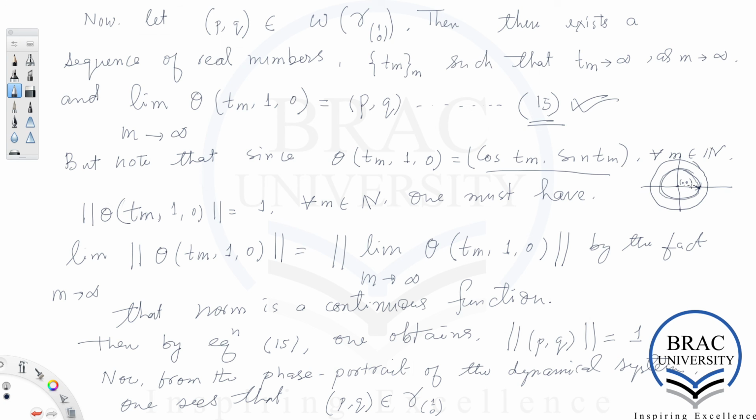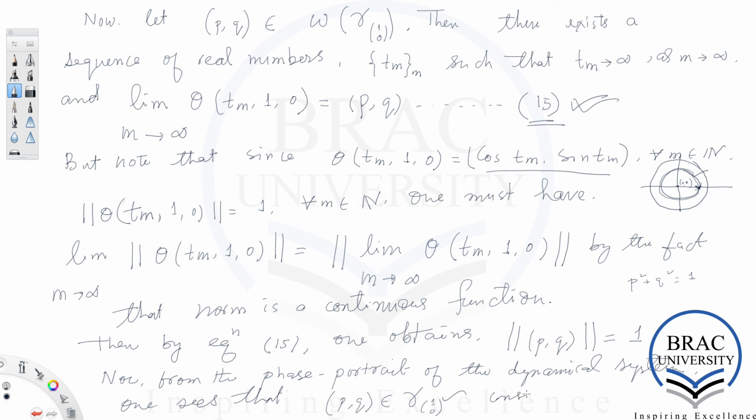And since p square plus q square is equal to 1, right, one must have PQ belonging to this orbit.